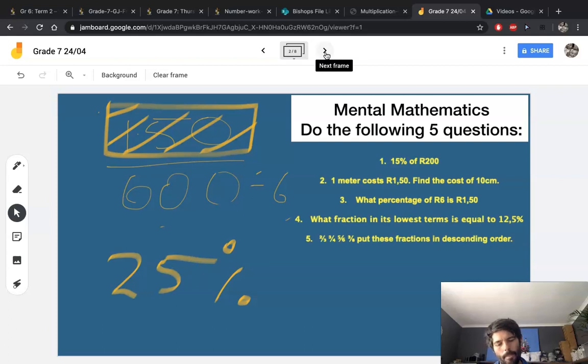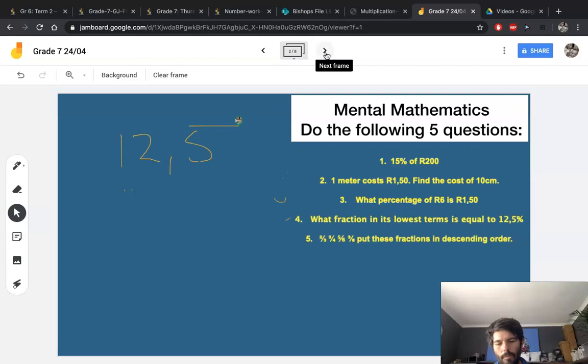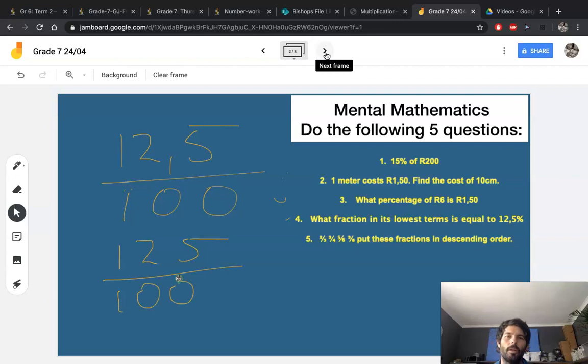Okay. Then your question 4 is, what fraction in its lowest terms is equal to 12.5%. So I'm going to put 12.5% as a fraction over 100. I would like to get rid of the decimal, so I'm going to multiply by 10 and get 125 over 1,000, because whatever I do to the numerator, I must do to the denominator.